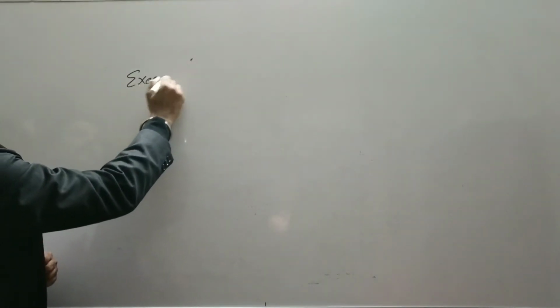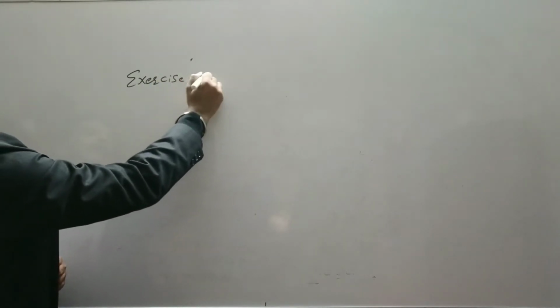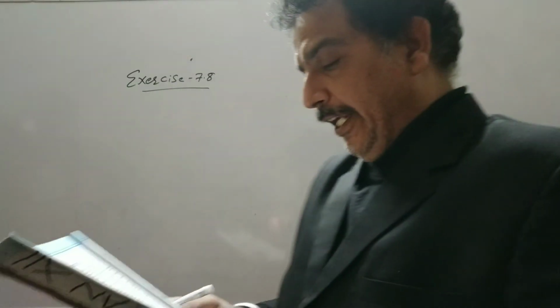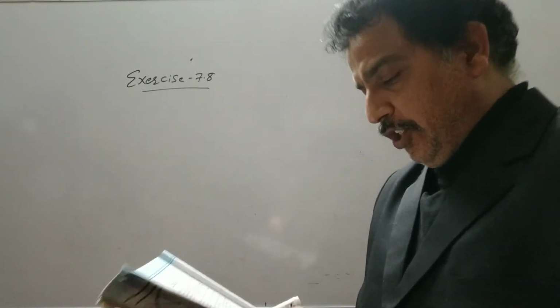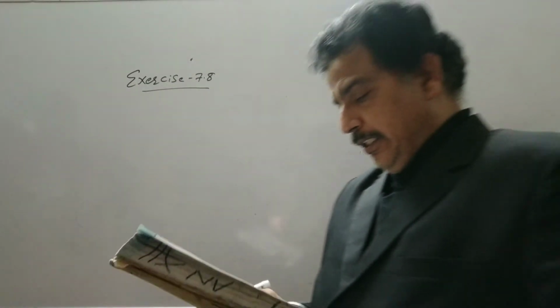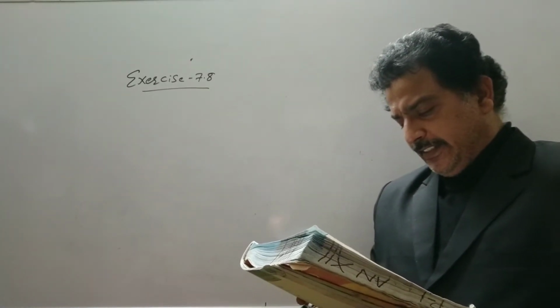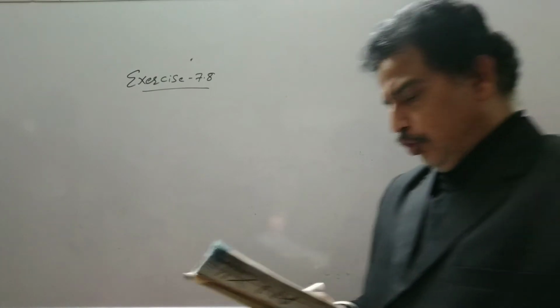Now let us see question number 7.8 of the exercise, which is again related to the energy. Suppose the initial charge on the capacitor in example 7.7 is 6 nano coulomb.